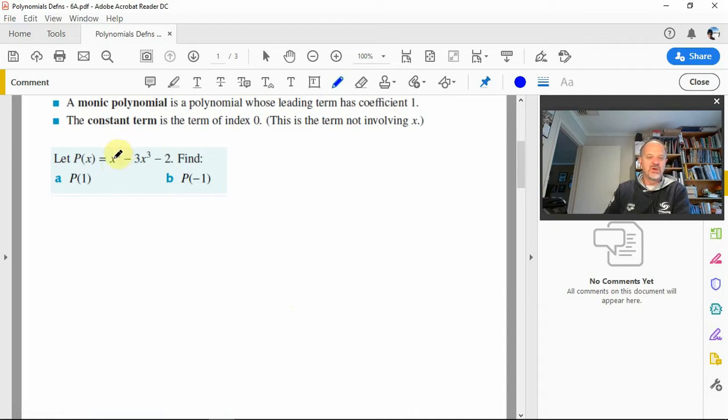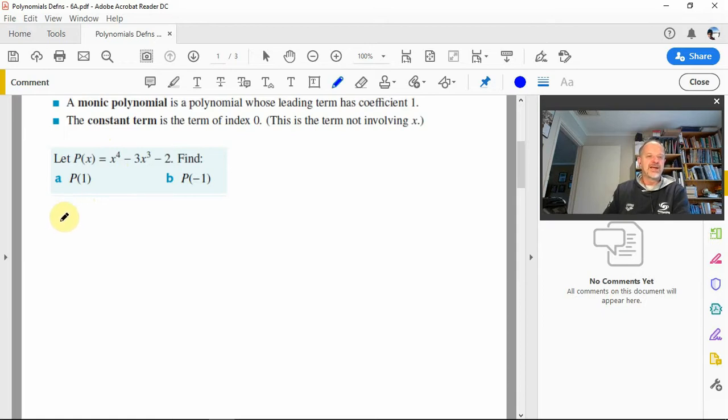It's degree 4 because that's the highest power of x, and the constant term is -2 on the end. No doubt some people are going, why are they using p here? We've used f before. P for polynomial. Again, we've done this stuff before.